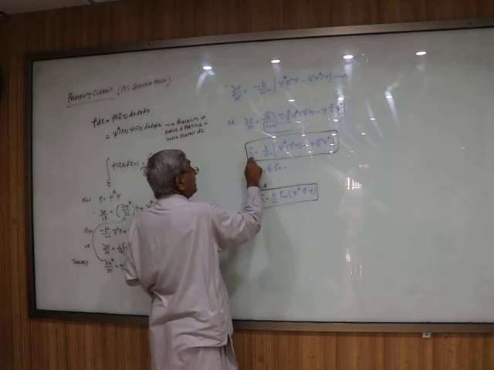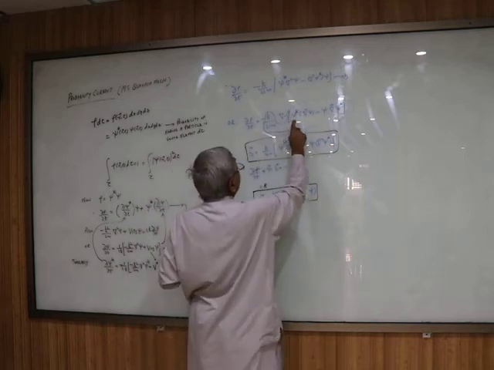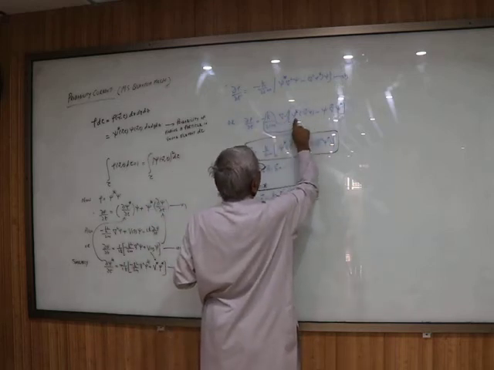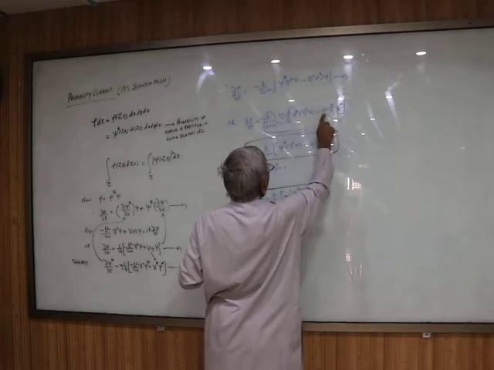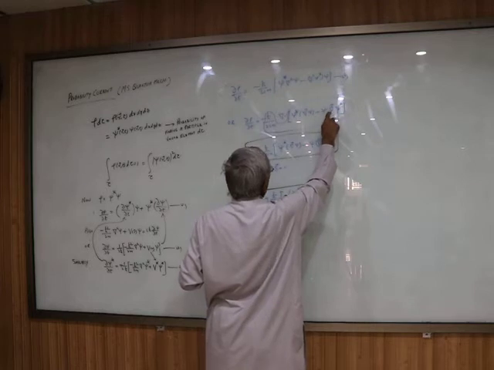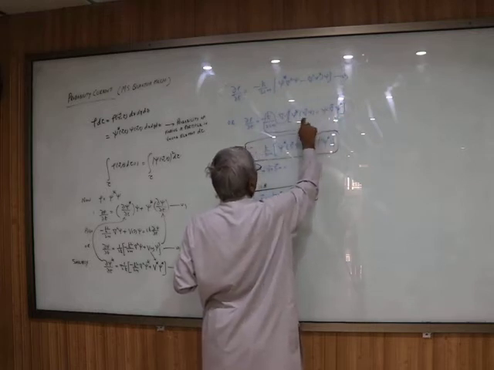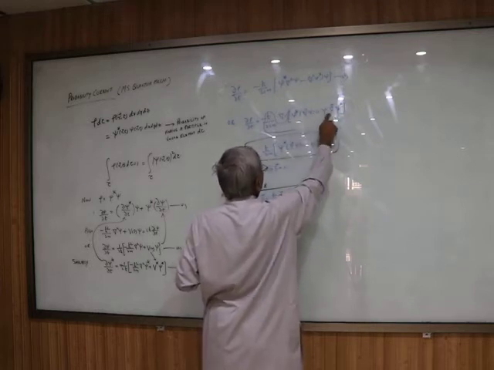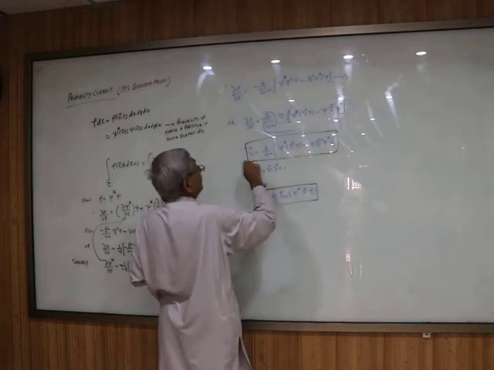So S is a vector, because this is a vector multiplied by a scalar. This is a vector because it is a gradient: the gradient of psi and the gradient of psi star are both vectors, one vector minus the other vector, so hence S is a vector.